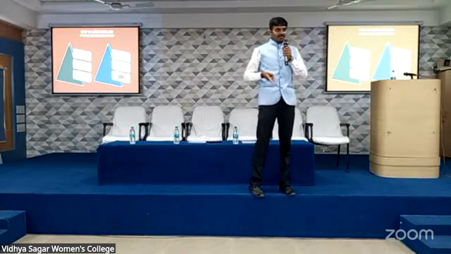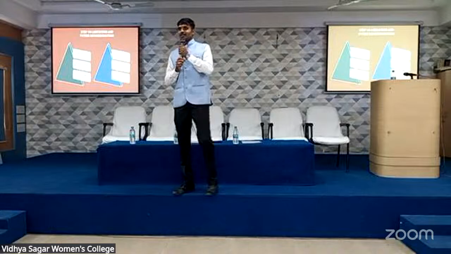Step one: before starting the research paper, we need to draft the research problem. After the research problem, at the time of writing, step number 1, introduction. Step number 2, review of literature. Step number 3. Step number 4, research question.